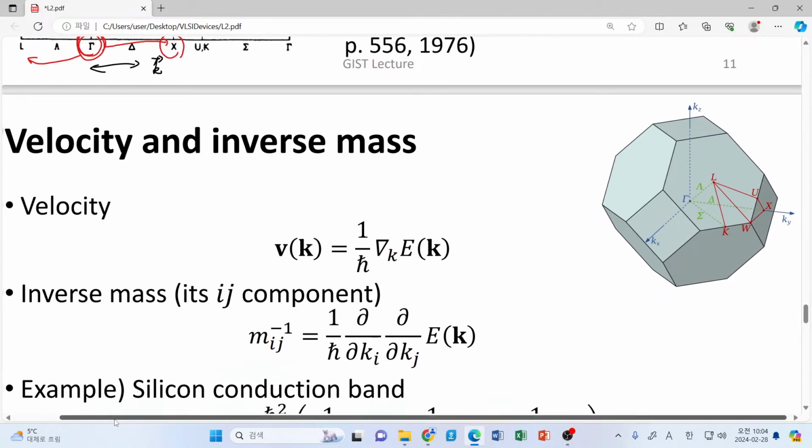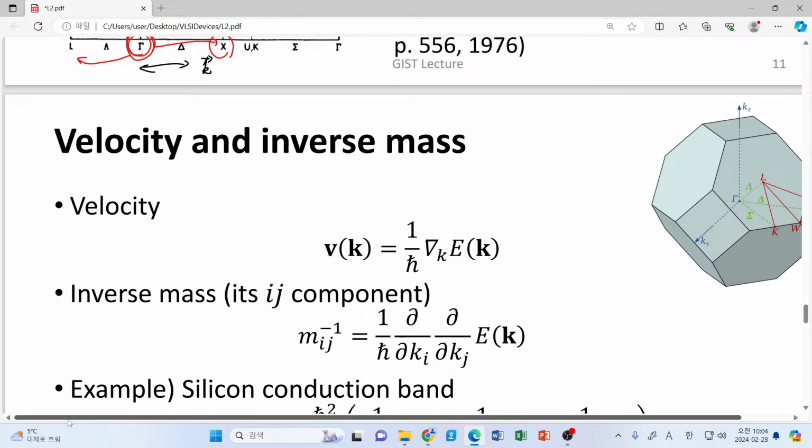Also, there is another important topic. Now, I assume that we have the relation between E versus k. Simply speaking, for every point in the first Brillouin zone, we can have a function E of k.